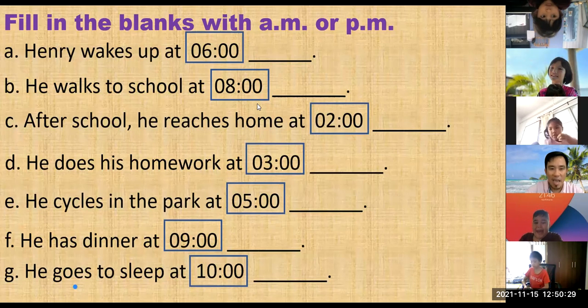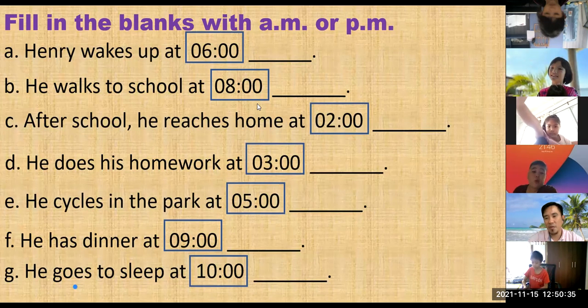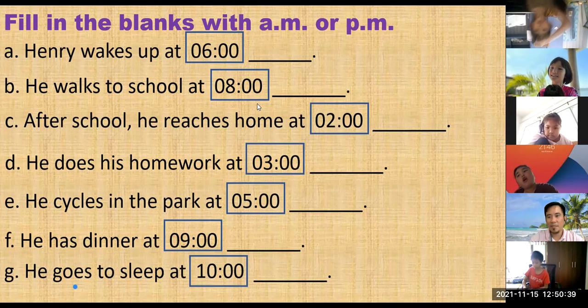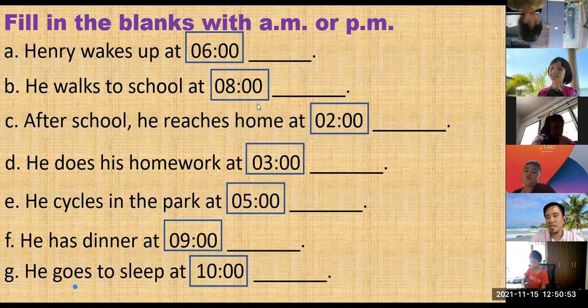Now letter A. Everybody unmute all your microphones and let us answer all together. Okay, everybody. What page? 109. Everybody, pencils up.